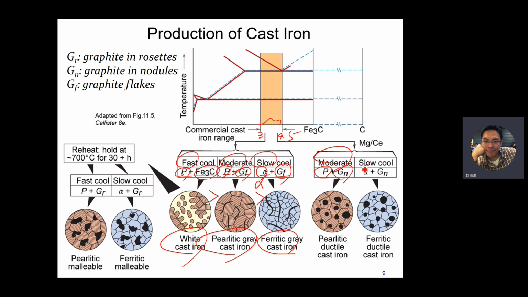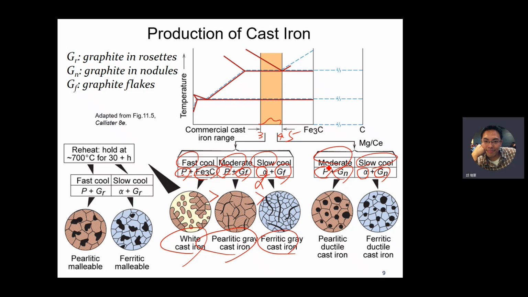And for the slow cooling rate, its microstructure is ferrite and graphite in nodules. So which one's harder? Of course, the moderate cooling rate of this cast iron has the higher hardness compared with that of the slow cooling.